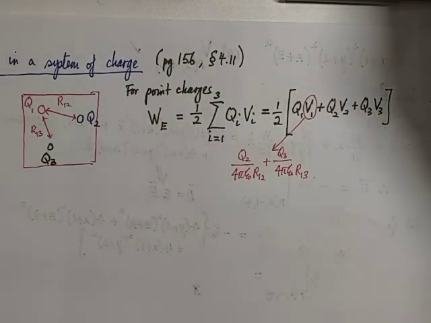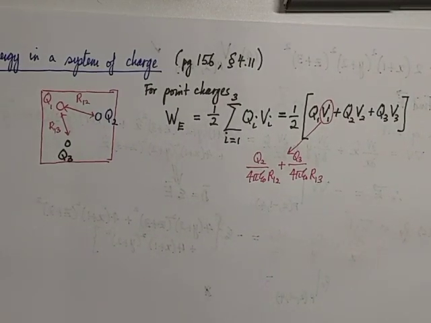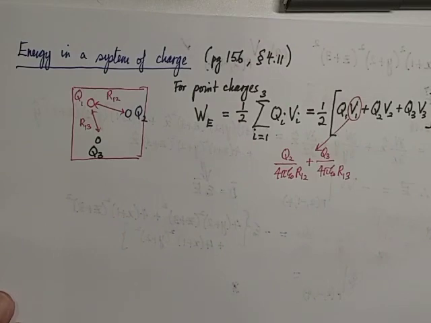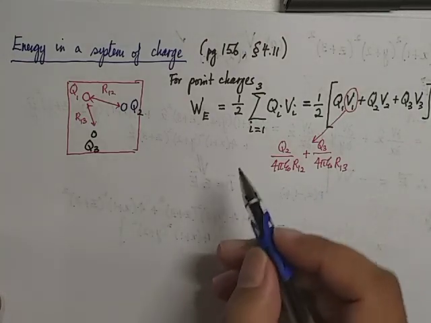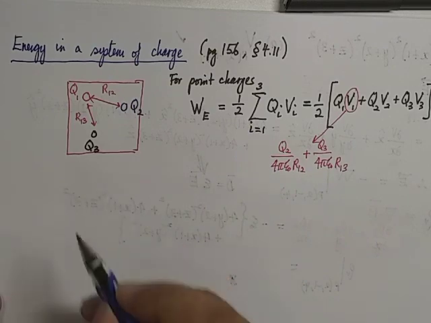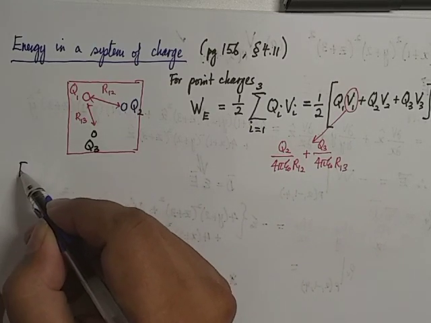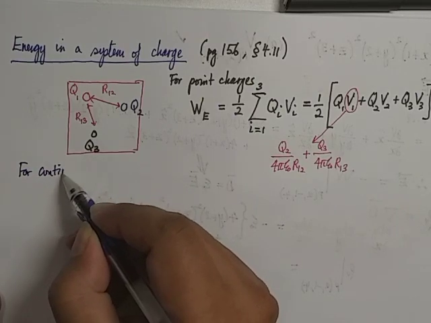But we know that with respect to the sources of electrostatics, it's not only due to point charges, it is also due to continuous charge. So now I'm going to rewrite the same equation but for the case of continuous charge.